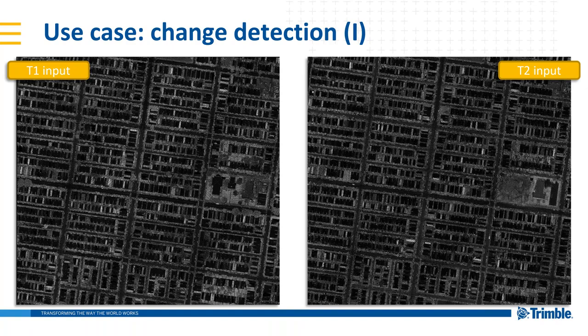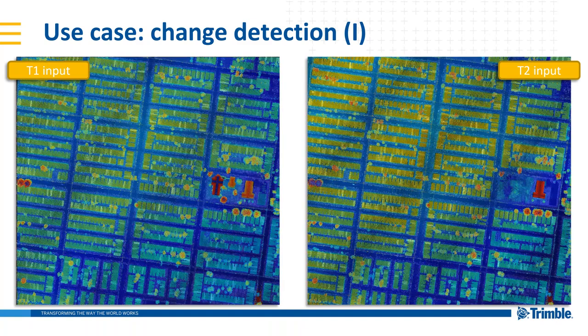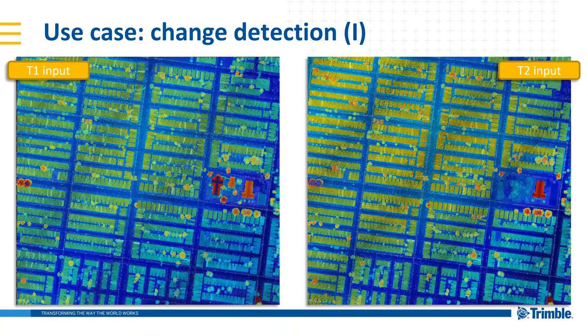So taking this information from the point cloud, this will really allow us to see the differences within the point cloud, and we see that some buildings and trees have been removed from this construction site in T2.